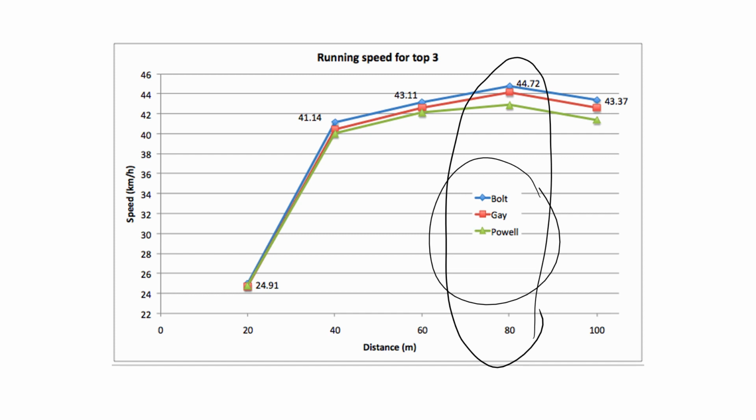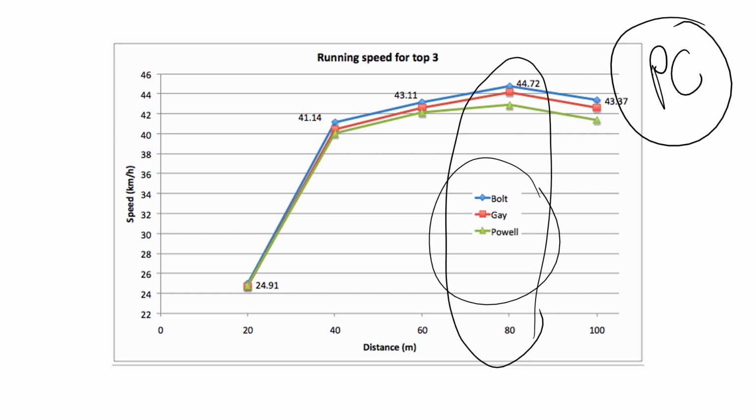So if they have a phosphagen system that can last longer, what should happen around 8 seconds or 80 meters? Should they fatigue? That's the question that I normally ask, and the answer is no. Around 80 meters or 8 seconds, they shouldn't fatigue anymore because the phosphagen system can last longer. There's more phosphocreatine.